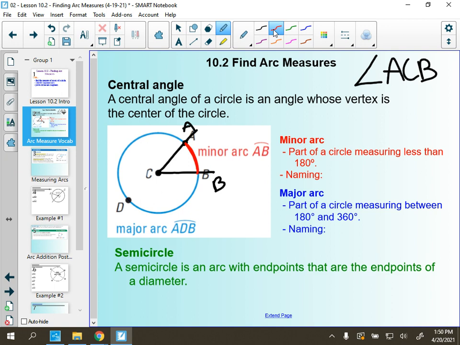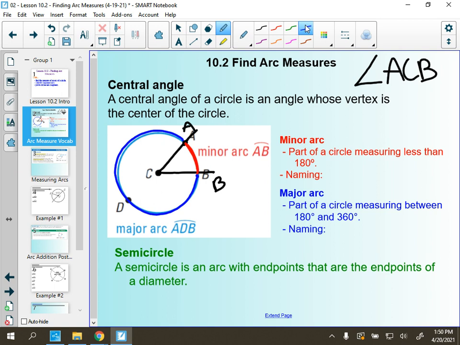That's an example of an arc, or potentially a very big arc, which is the majority of the circle all the way around from here to here, just that blue part. We'll talk about the measures on the next slide, but basically the threshold that makes something a minor arc is that it has a measure less than 180 degrees.